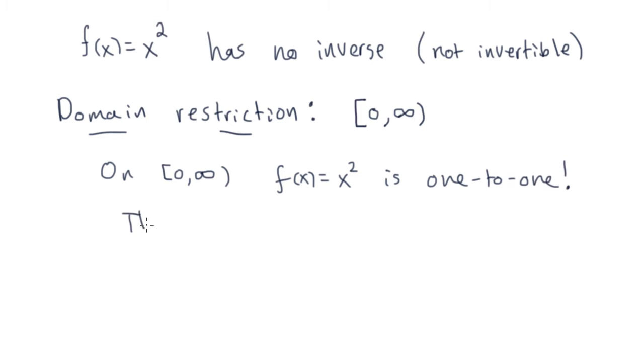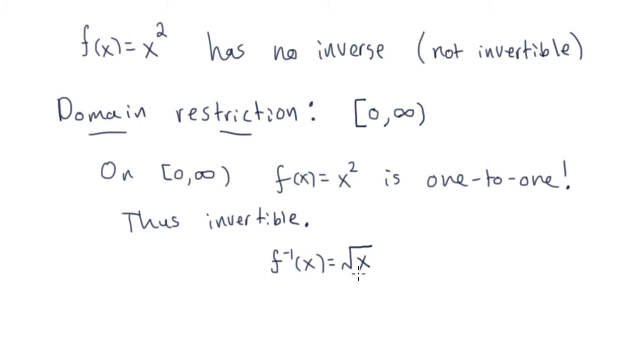Thus, it's invertible. But it's only invertible when I consider this function x squared on this domain restriction, the ray from 0 to infinity. And of course, in this case, the inverse is exactly what we expect it to be, just square root of x.